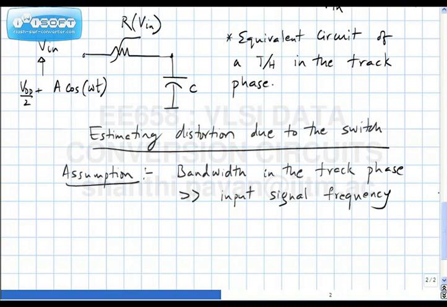So when I say DC, you would expect that for very low frequencies there would be no distortion, simply because even though the resistor is nonlinear, as the frequency tends to 0, the displacement current in the capacitor is 0, because the current through the capacitor is C dV/dt, correct? And the output voltage sitting on the capacitor is nothing but the input voltage minus the drop across this resistor.